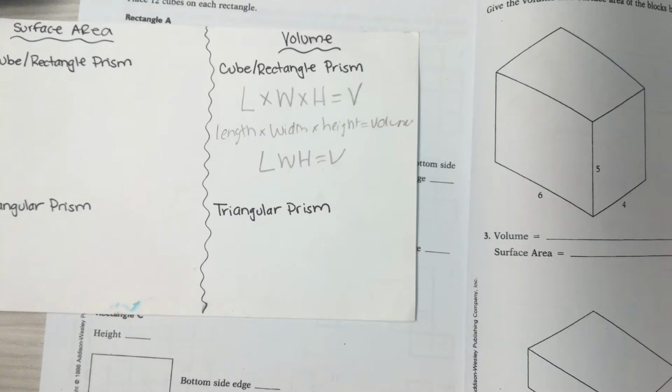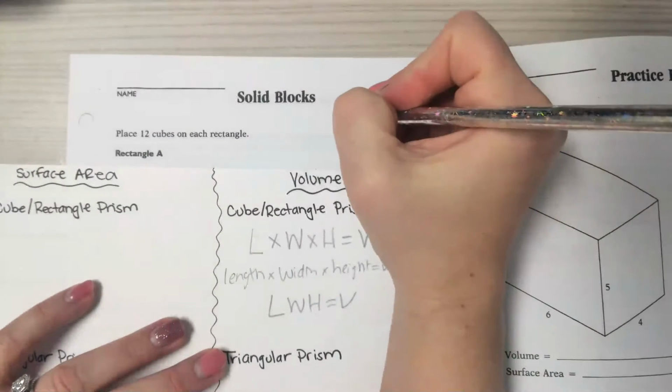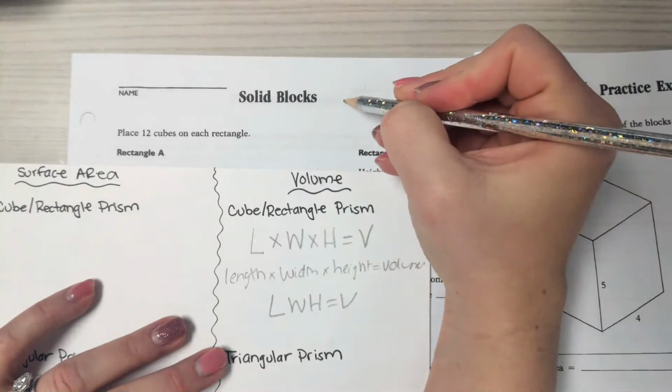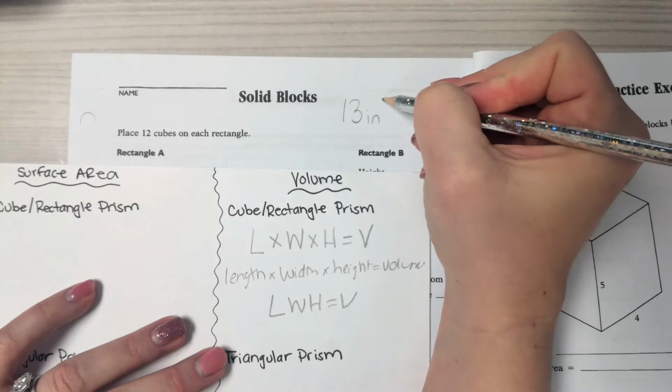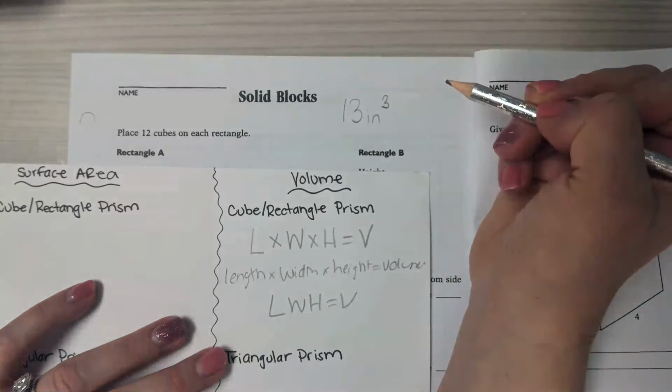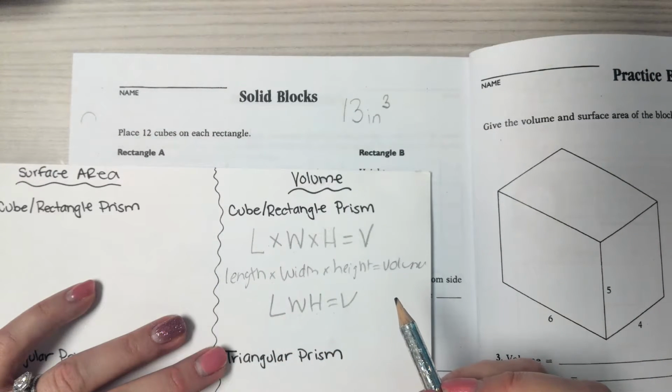Since we are using 3 dimensions, that means that our answer is going to be to the 3rd power. So for example, right here, if our answer was 13 inches, if it was volume, it would be to the 3rd power or cubed, because we're using 1, 2, 3 dimensions.